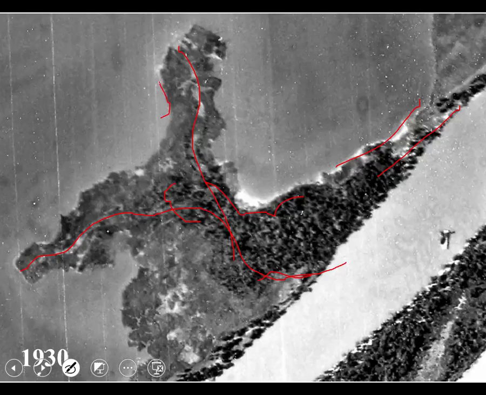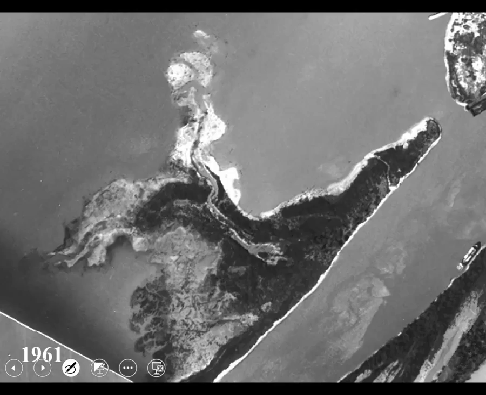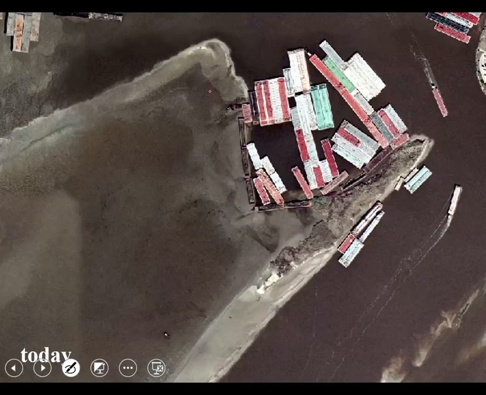The area that was very distinct and vegetated here gets fuzzy here. And now it's bare of vegetation in '61. You can still see that channel, but it's just locally emerging. And then finally you see it here. Well, if you look real closely, here's that channel.